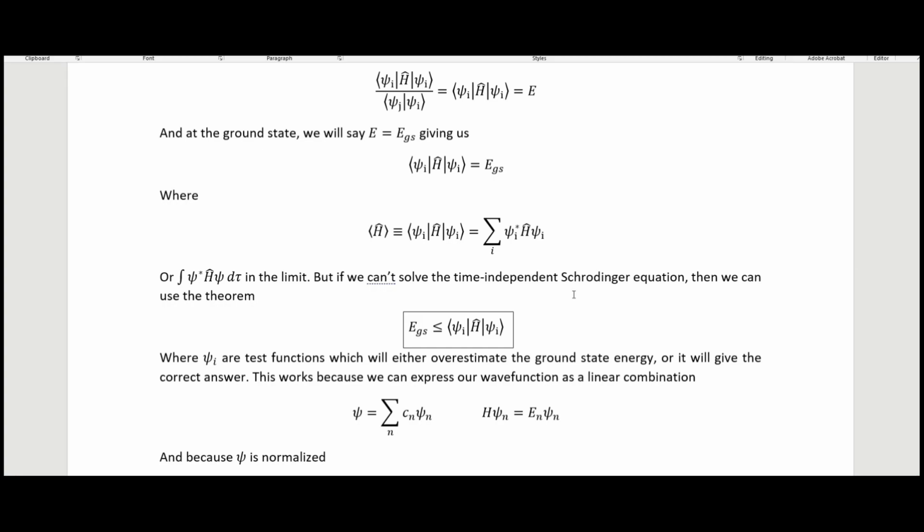So the expectation value of that Hamiltonian will be greater than or equal to our energy. And so the energy gives sort of an upper bound on the actual energy that we are looking for.